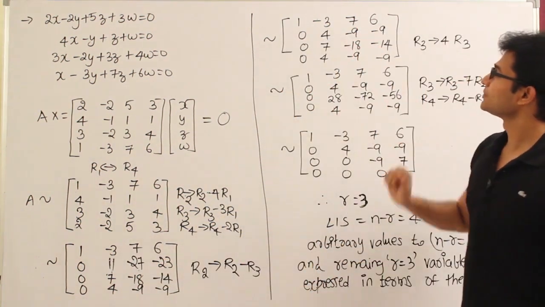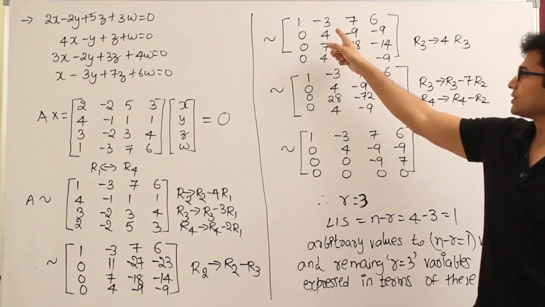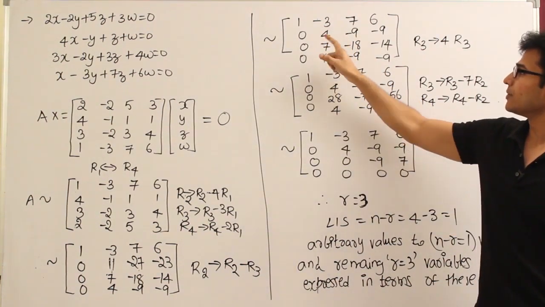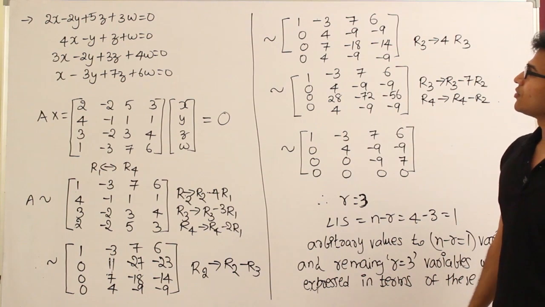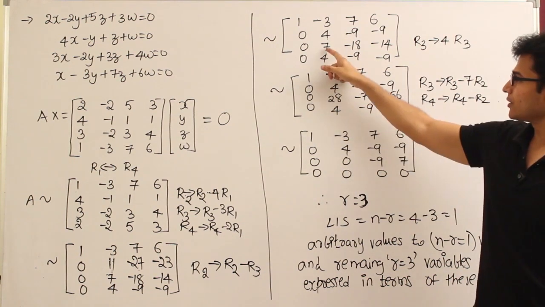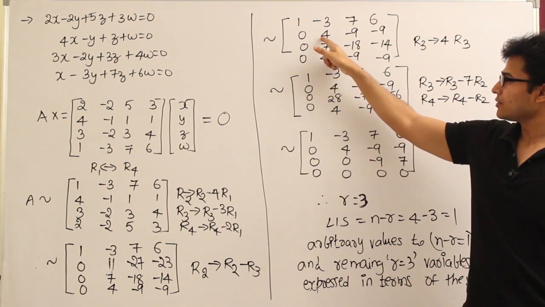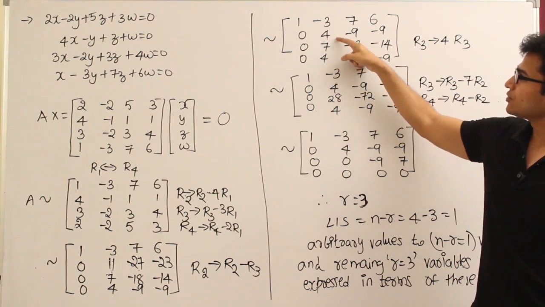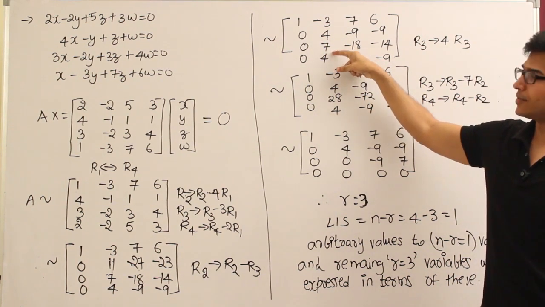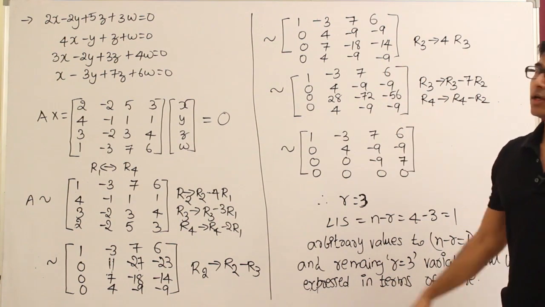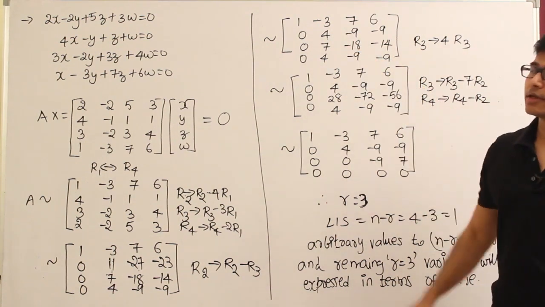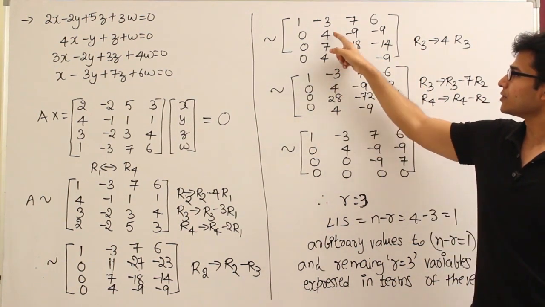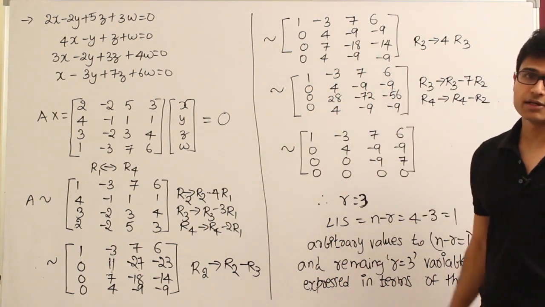Then I got this. Now, using this element, I want to make these two elements zeros. To make that possible, I can divide it by 4 and then use that 1 to make these elements zeros, or the other way around. Instead of dividing this one, you can multiply the others. There is no need to multiply this because it is very easy to make it 0 directly.